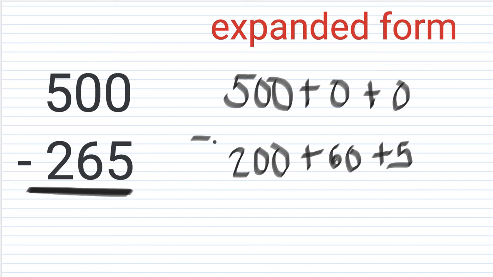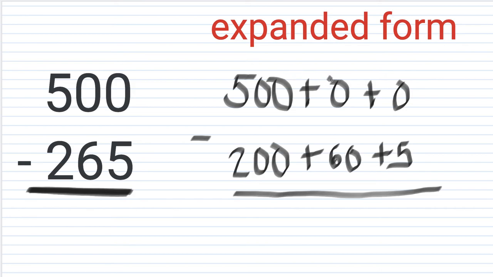Now let's try to subtract the numbers. Okay, in this example, you will subtract 0 minus 5. But 0 is less than 5, so you need to borrow a number because it's not possible to subtract. If you are going to borrow a number from 0, that 0 has no value, so you are not allowed to borrow from 0. Since this is 0, this one should borrow 100 from 500.